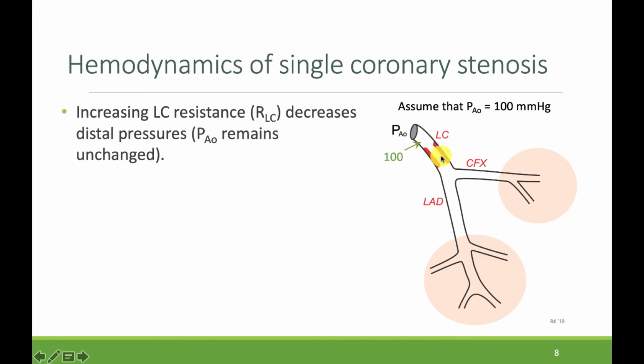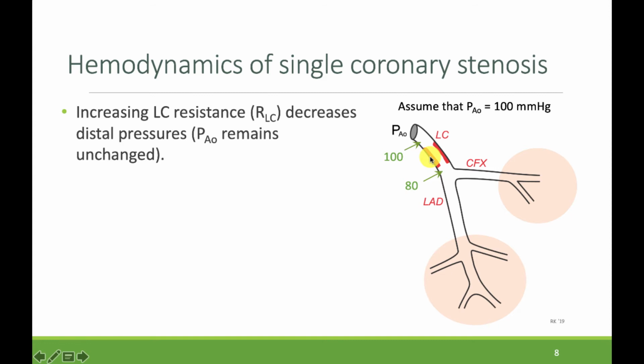Now, by having this occlusion here, the pressure proximally doesn't change because that's going to be determined by whatever the aortic pressure is. And as long as the aortic pressure stays at 100 millimeters of mercury, mean pressure, which we're assuming it is, this will also remain at 100 millimeters of mercury, whether or not there is a stenotic lesion here.